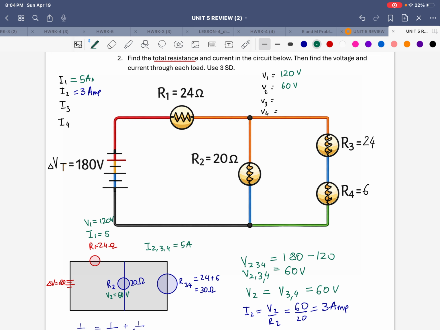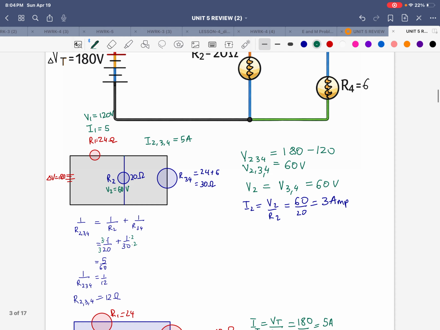All right. Now, we said that the voltage in 3,4 will also be the same as V2, 60 volts. So what that means is that now that we have the voltage and the resistance, we can find the current.